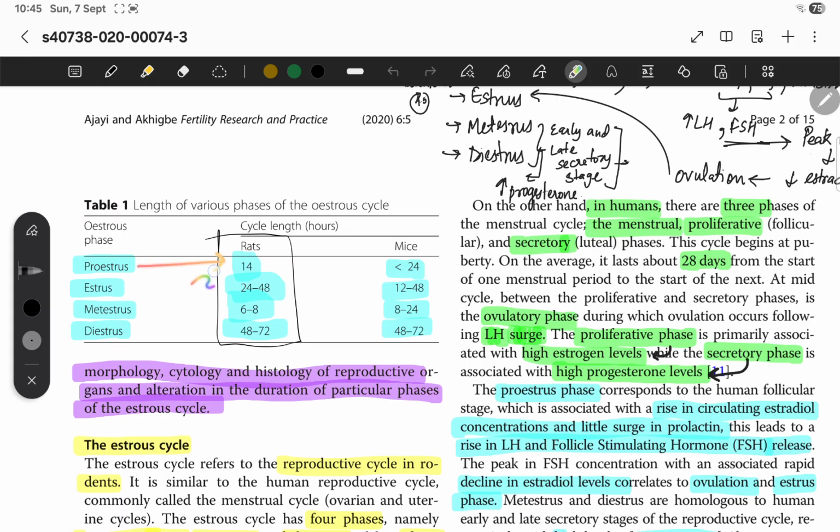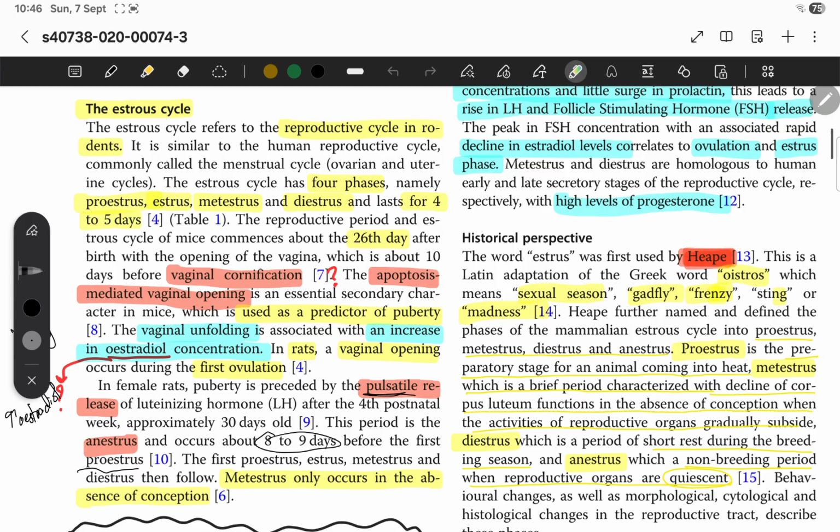Proestrus lasts 14 hours for rats and less than 24 for mice. Estrus 24 to 48 for rats and 12 to 48 for mice. Metaestrus 6 to 8 for rats and 8 to 24 for mice. Diestrus 48 to 72 hours for both rats and mice.